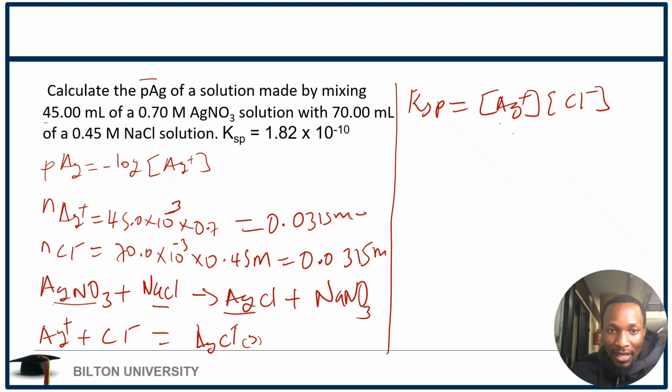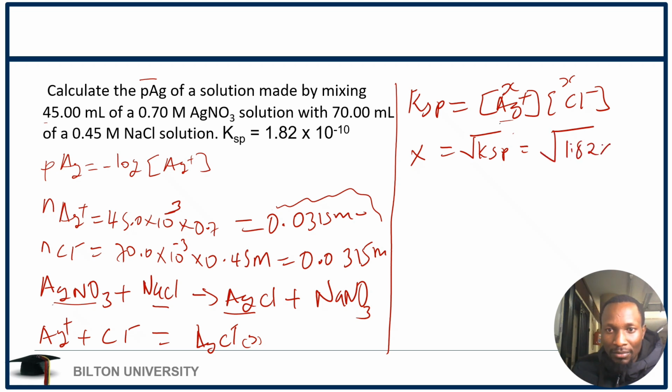And how did we know that? Because these moles are the same, and therefore the concentration of our silver ions, just like we have seen, we're going to assume is X. So X is going to be the square root of Ksp, and that's going to be the square root of 1.82 times 10 to the power minus 10.